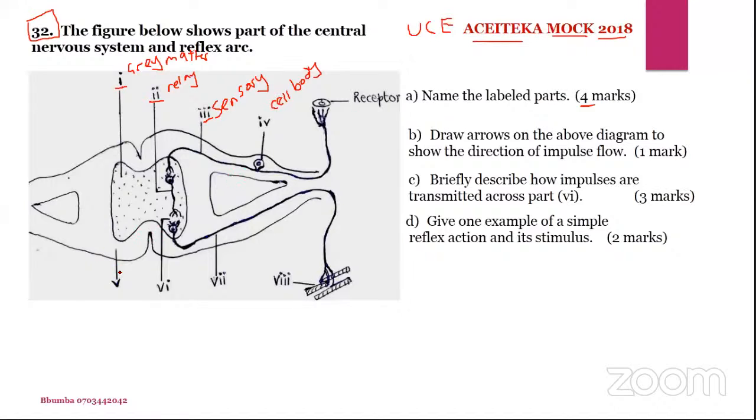Then part 5. There's someone with a dot on here, but next time rename yourself. White matter. Thank you. The white matter. I'm not writing the other word because of space.